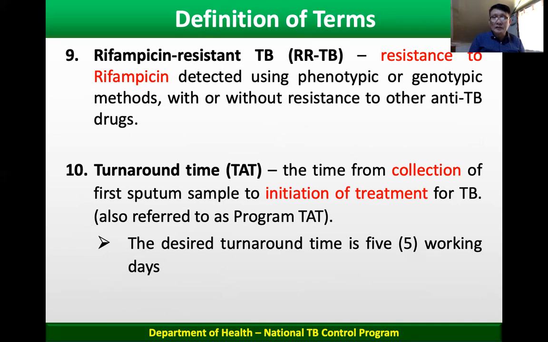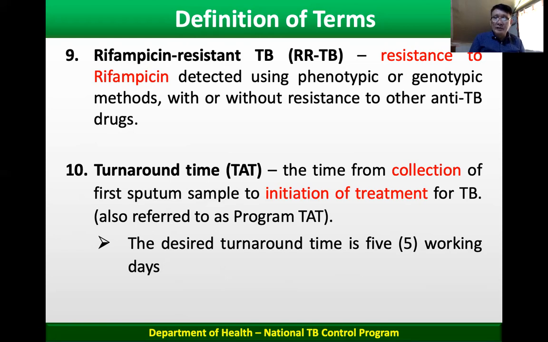We usually have our GeneXpert, and one of its results will be MTB detected, rifampicin resistant detected. So this is an example of how we define rifampicin resistant TB or RR-TB.